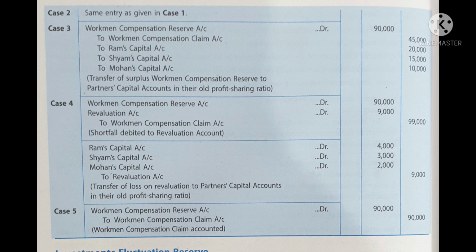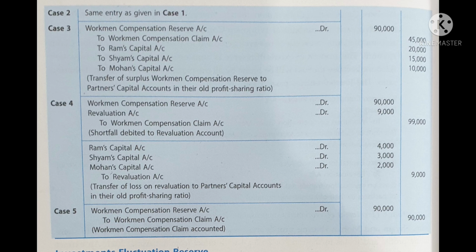Now the last case in the question given to you, case number 5, is when a claim on account of workmen's compensation is 90,000. We can compare the reserve with the claim, and we can see that the reserve amount is equal to the amount of compensation to be paid to the claimants.